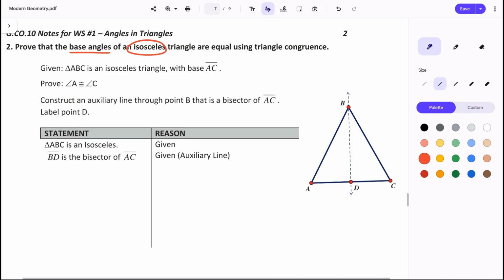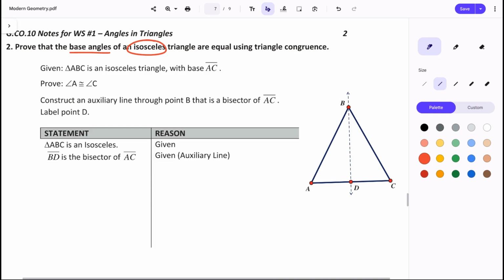Triangle congruence still means side-side-side, side-angle-side, like those tests we've been working with before we switched gears into properties of triangles. So I'm going to try to prove that this is an isosceles triangle, and then that means these base angles down here, A and C, would be congruent to each other.